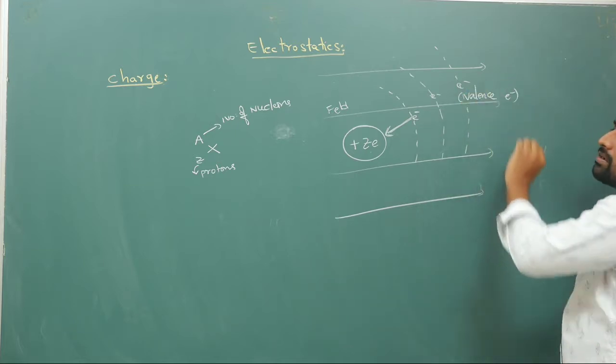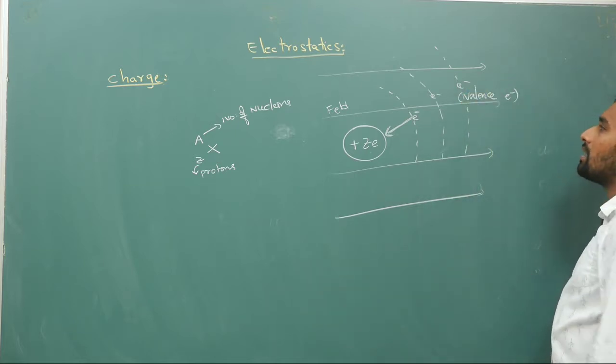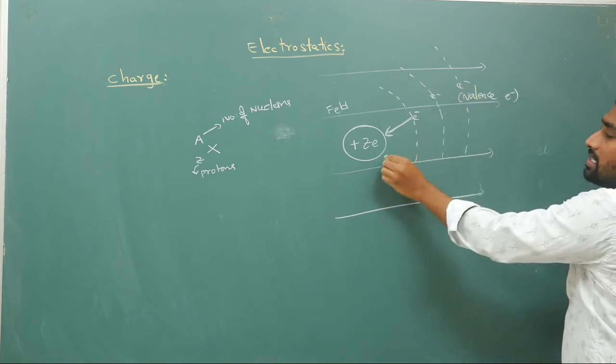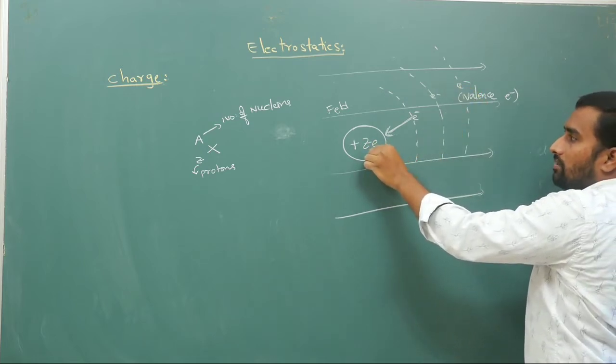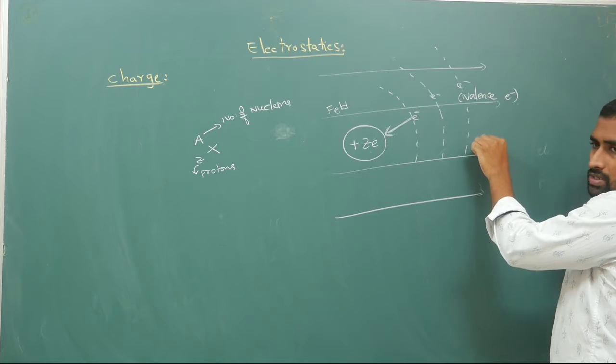Initially there are Z number of protons and Z number of electrons.